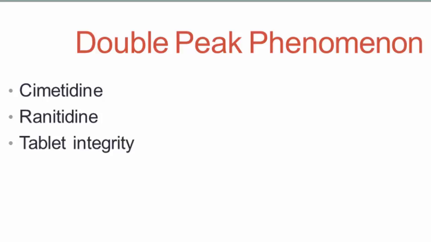And we can also see this condition in ranitidine. Even if the ranitidine drug is given through the oral route or the parenteral route, it gets deposited in the gallbladder, and whenever food is taken, especially fatty food, the drug is released from the gallbladder through the bile, and then it shows an absorption peak in the plasma.